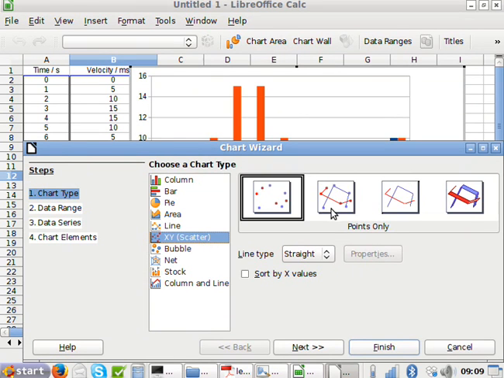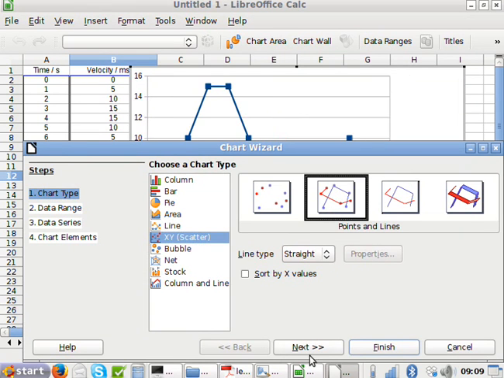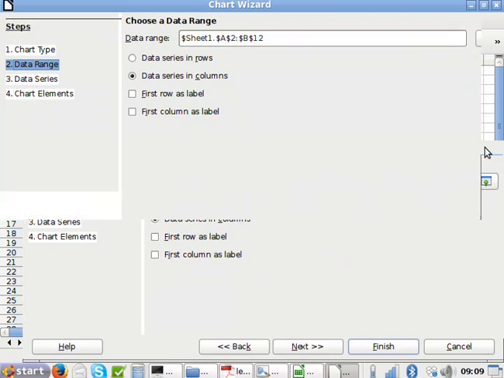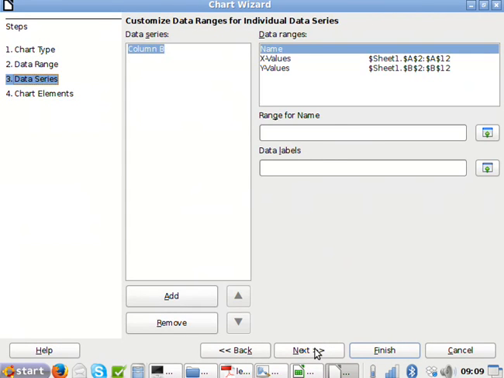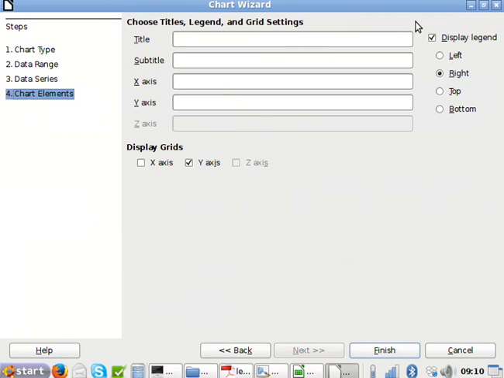Let's do our graph. Insert chart. Scatter. We'll do this one.